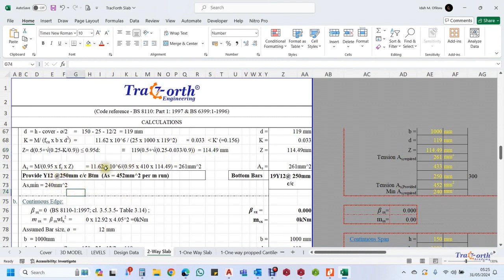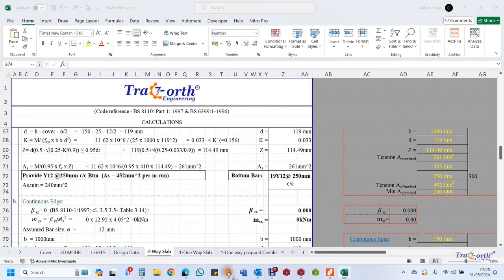So now, by the time you use it to multiply, what it means is that you do this calculation, and the area required is 261 millimeters square.